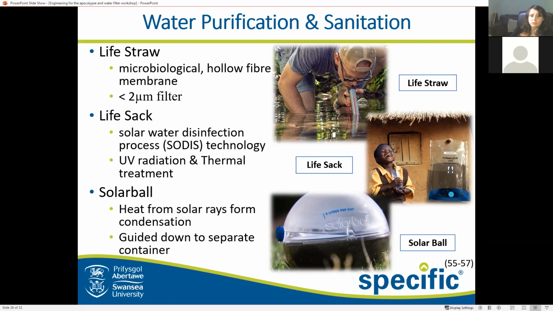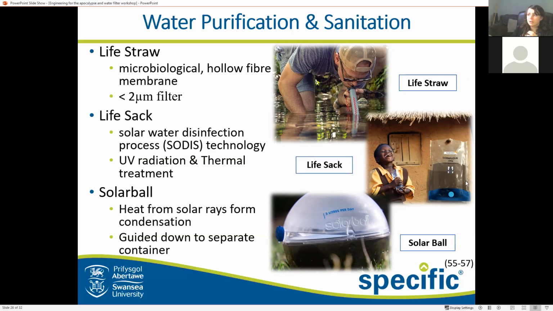The first one here is the Life Straw, which is a small portable filter which can be used up to 5 years using a microbiological hollow fiber membrane that filters up to around 0.2 microns. This is capable of removing most bacteria and particles and microplastics so that the water is clean and drinkable.